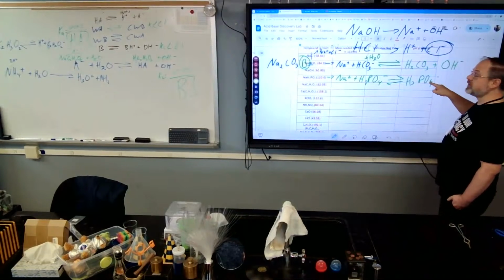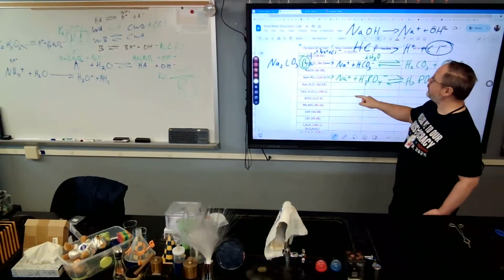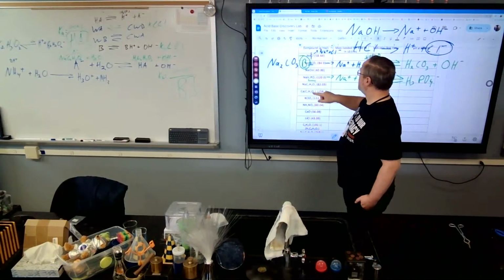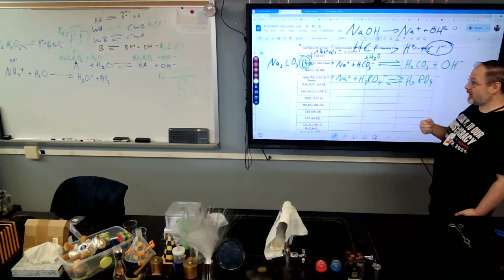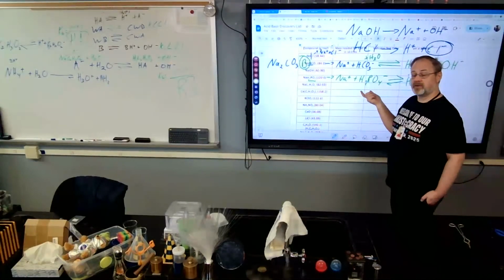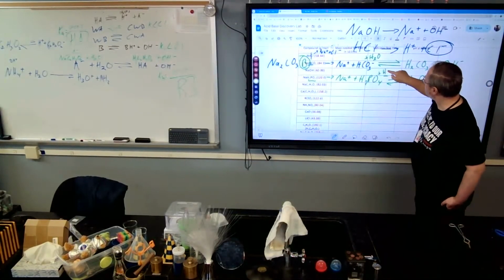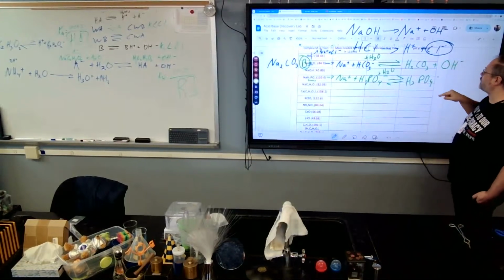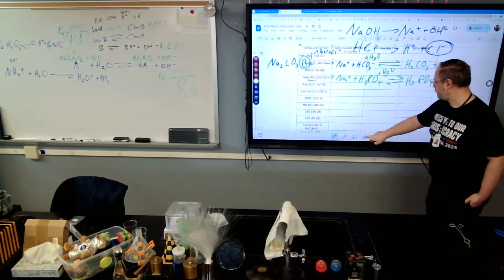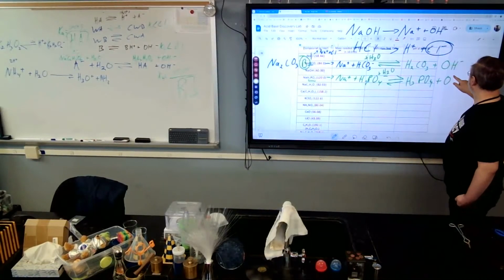This is phosphoric acid. So H2PO4 minus is the anion of phosphoric acid. If you put the anion in water, it's going to grab a proton from water and produce H3PO4, plus your hydroxide.